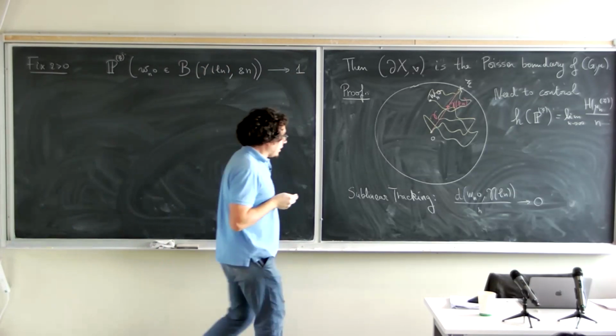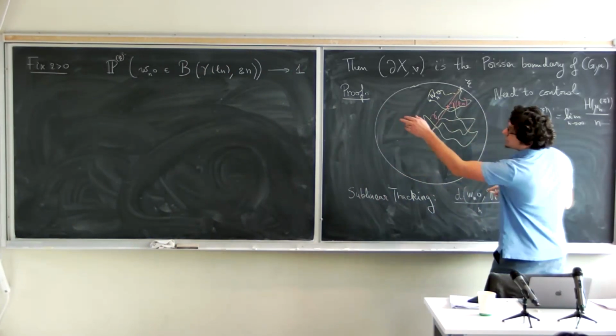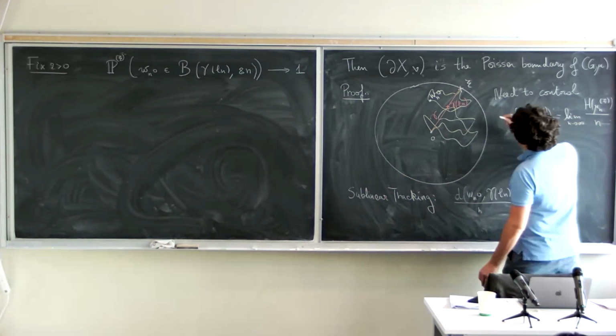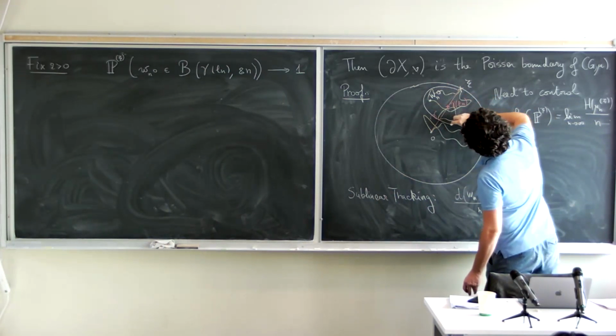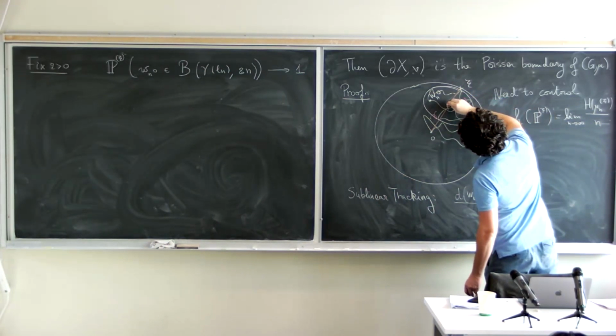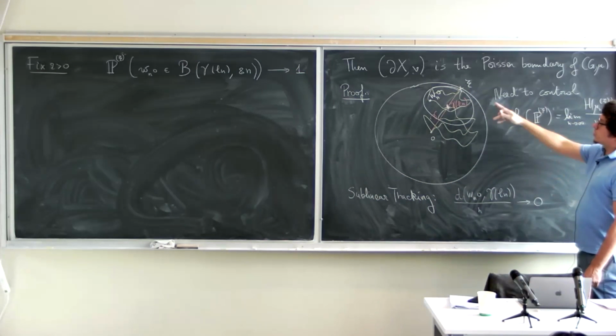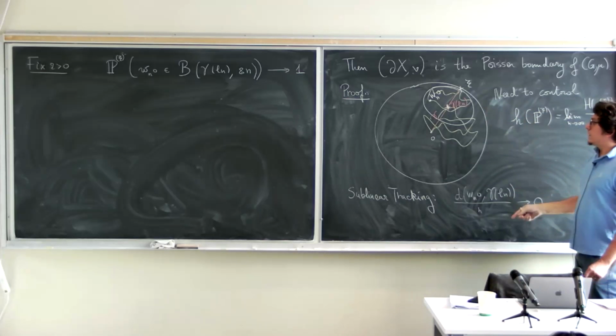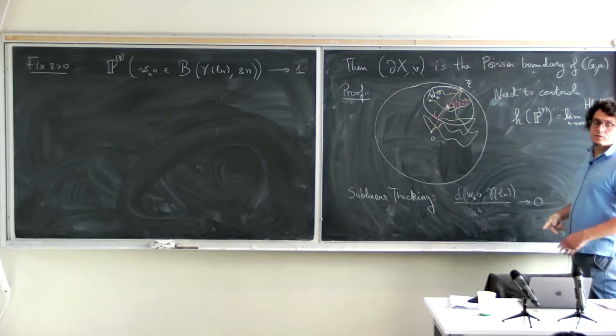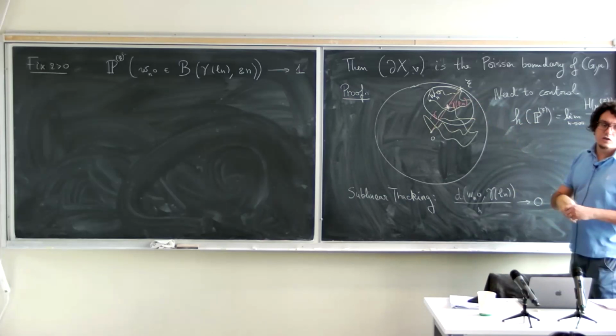Why? Because the distance is less than epsilon times n. So if you draw a ball around this point, almost surely you're going to lie inside that. In fact, in probability, you're going to converge.